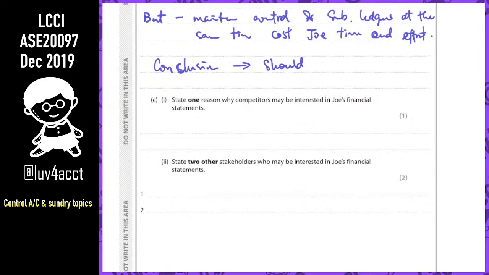C1, state one reason why competitors may be interested in Joe's financial statement. Okay, so they can see the strategy, especially the pricing strategy. Are they doing well? If they are doing well, how on earth are they doing this?